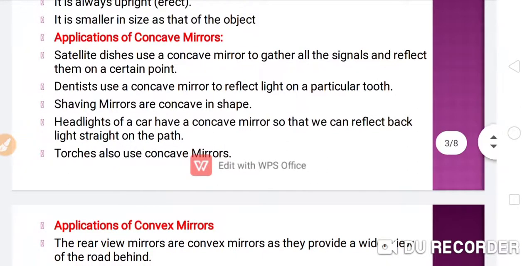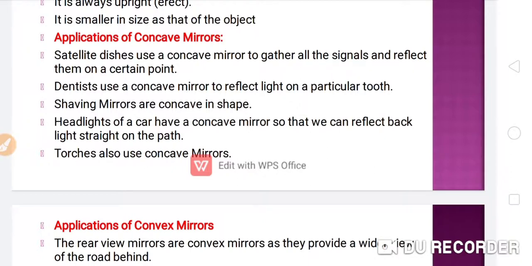Let's see. Satellite dishes use a concave mirror to gather all the signals and reflect them on a certain point. Next, dentists use a concave mirror to reflect light on a particular tooth. Shaving mirrors are concave in shape.